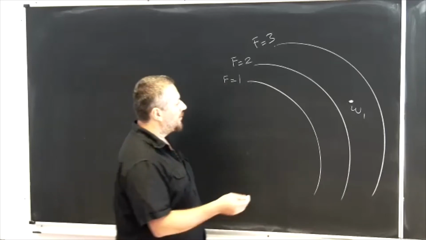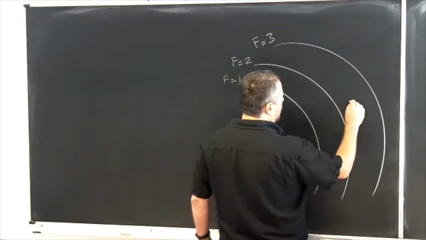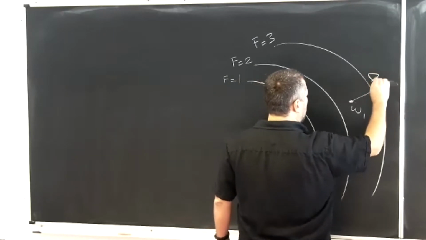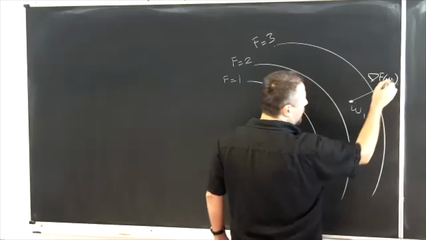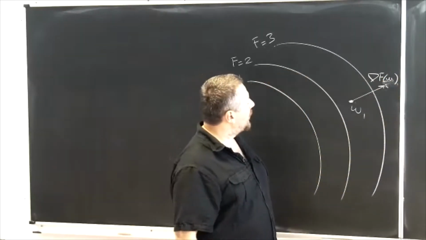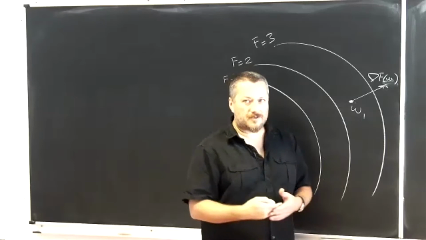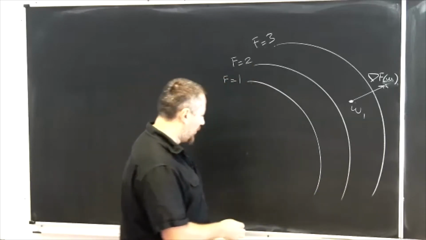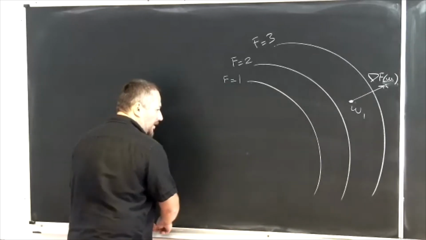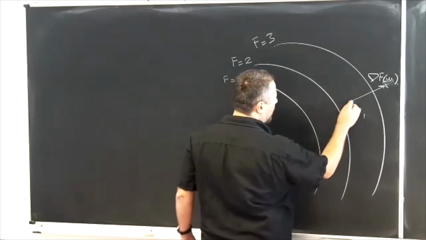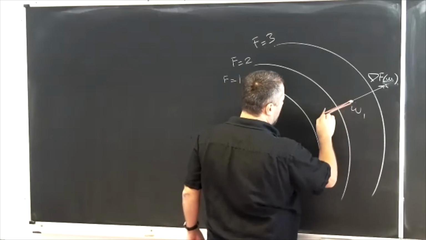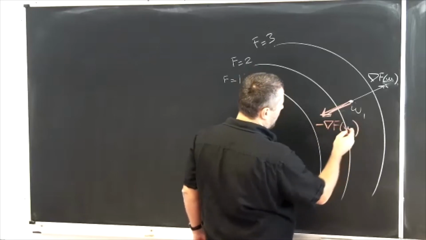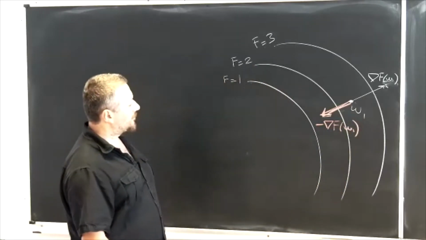And from calculus, we know that the gradient of this function at this point is a vector, given in my slides, which is the direction where the function increases the fastest. So you don't want to go in that direction, you want to go in the opposite direction, the negative of the gradient.